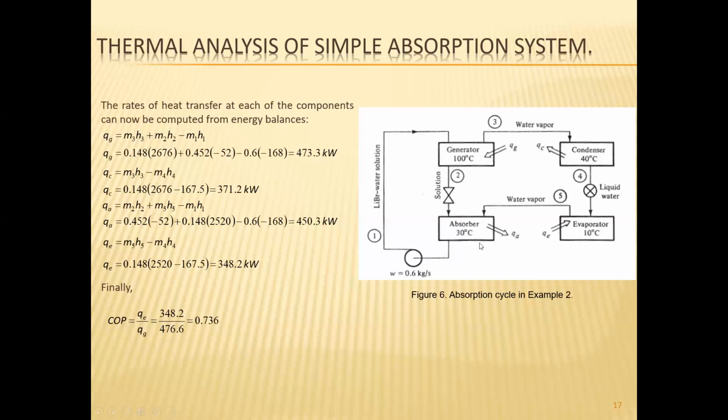QA: two streams enter and one leaves, so the energy balance gives QA equal to M2H2 plus M5H5 minus M1H1, which is 0.452 times negative 52 plus 0.148 times 2520 minus 0.6 times negative 168, or 450.3 kilowatts. Then QE is equal to M5H5 minus M4H4, which is 0.148 times 2520 minus 167.5, or 348.2.